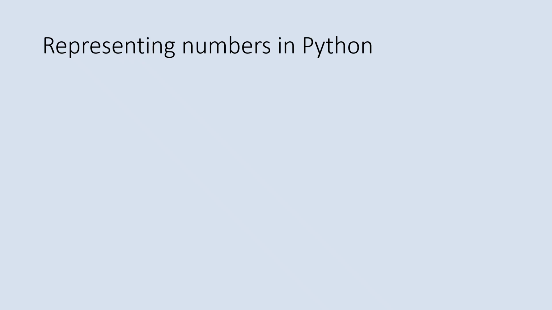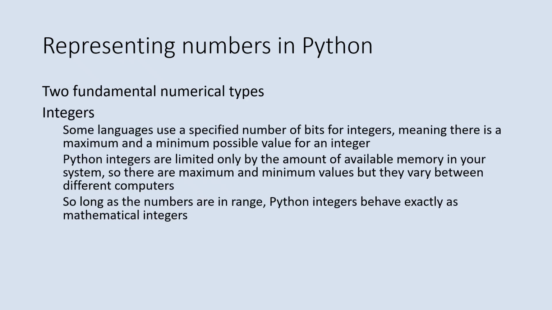So as we said before, when we represent numbers in Python, there's two basic approaches, two fundamental numerical types that we have built in, the integers. And we said before that some languages have a specified number of bits for integers, so there is a maximum and a minimum integer that is much smaller than the representation if we are using Python.